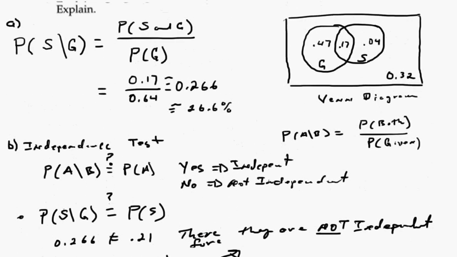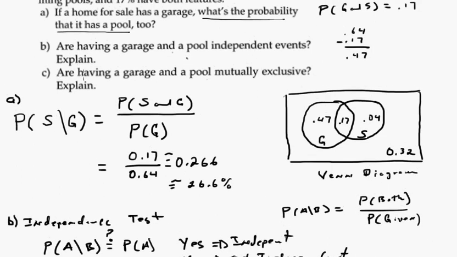Okay, last question. Are having a garage and a pool mutually exclusive? Mutually exclusive also means disjoint.